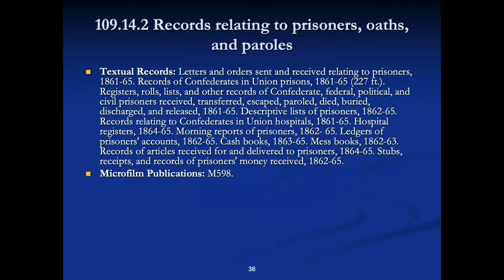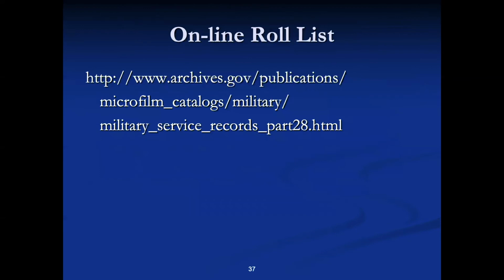There are records in Record Group 109. This is the War Department collection of Confederate records that deal with prisoners, oaths, and paroles, all kinds of things. And this information comes from the Guide to the Federal Records, so you can get to it on archives.gov. There is an online roll list for the material that's available on Ancestry.